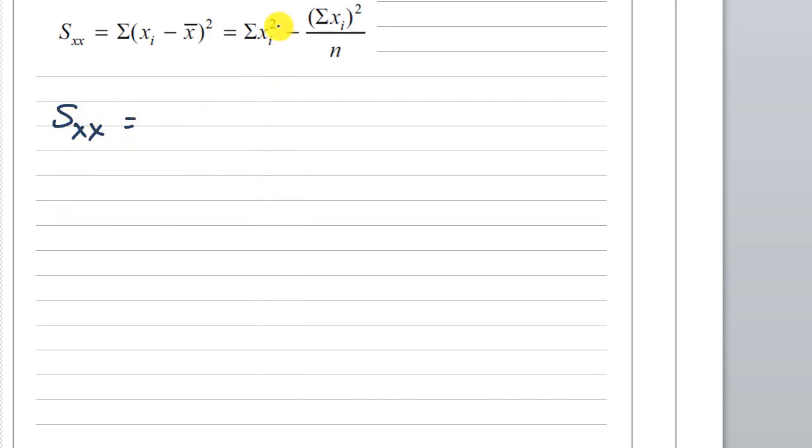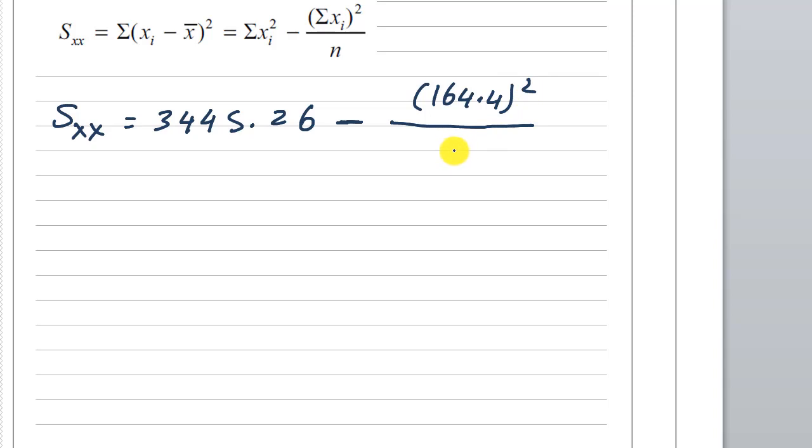SXX is the summation of xi squared, which is 3445.26, minus the summation of x, 164.4, squared, divided by n. Now n is equal to 10 minus 2, because we remove 2 of the students or champions, so divided by 8.